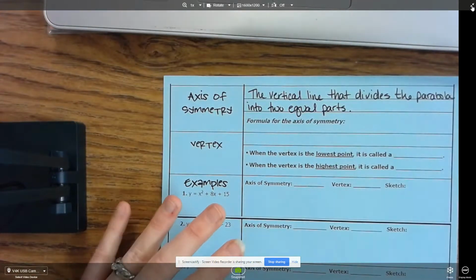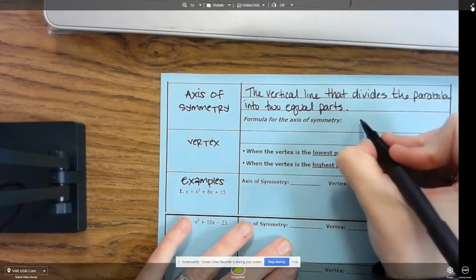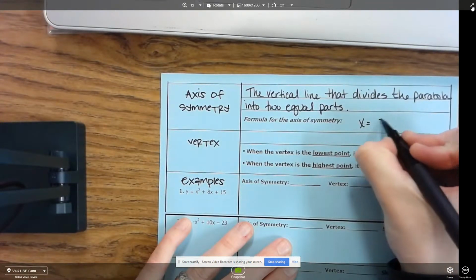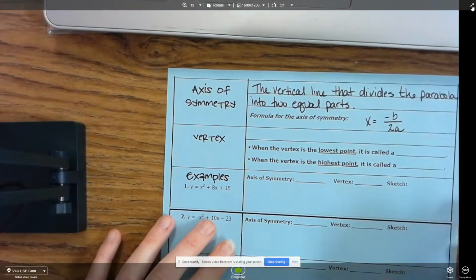The formula for finding the axis of symmetry is negative b divided by 2a.